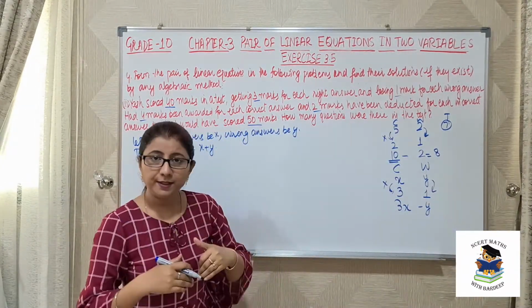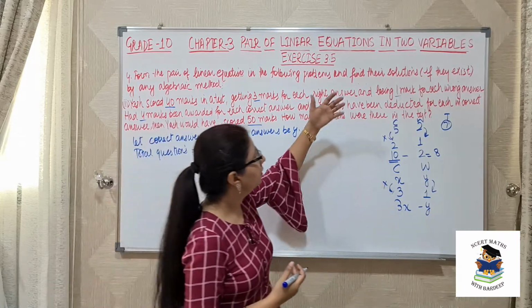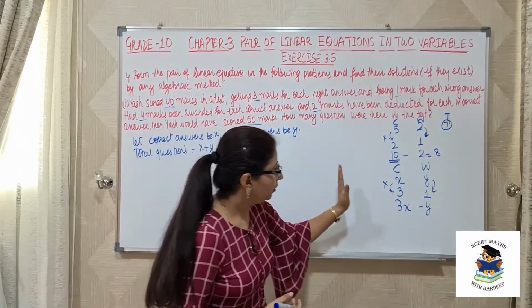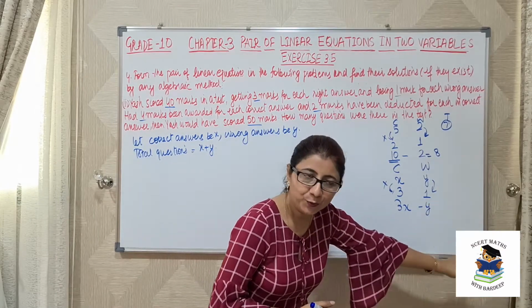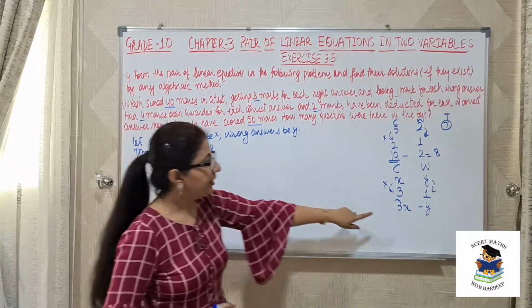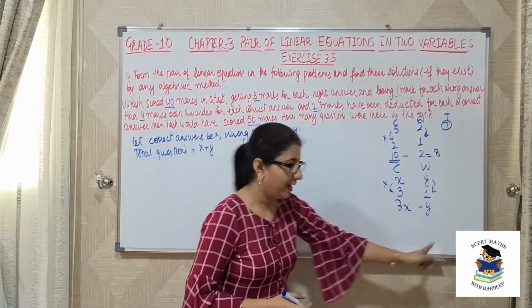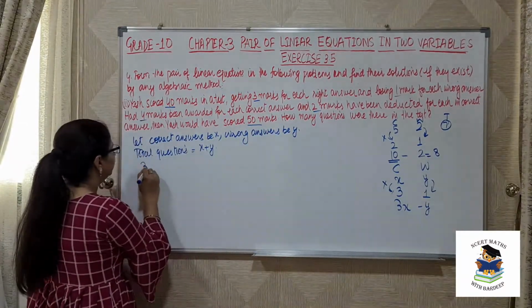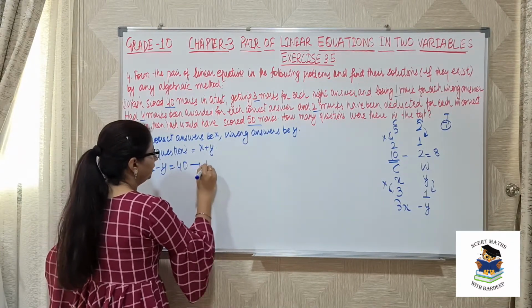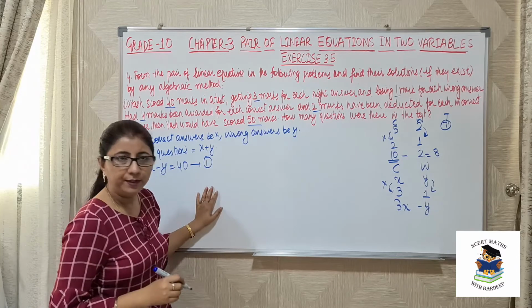Y is to be subtracted because for every wrong answer he loses 1 mark. So the total marks will be 3x minus y, and he got 40. So 3x minus y should be equal to 40. I hope this is clear. This is how we frame our equation.